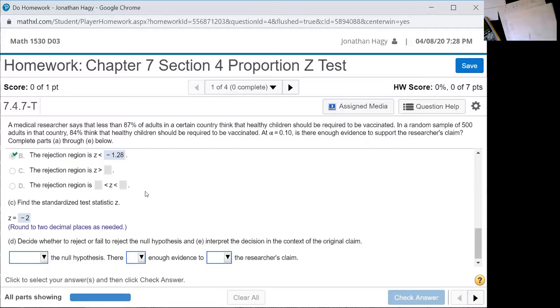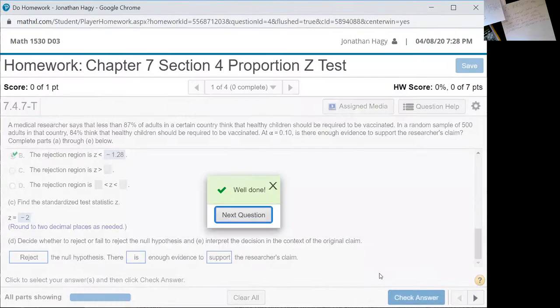So we reject the null hypothesis. There is enough evidence to support the researcher's claim. And we're done.